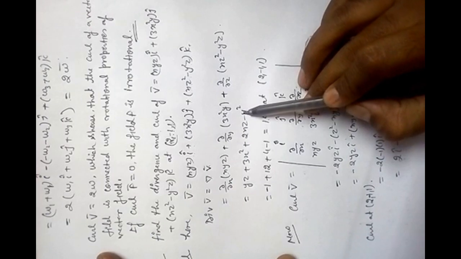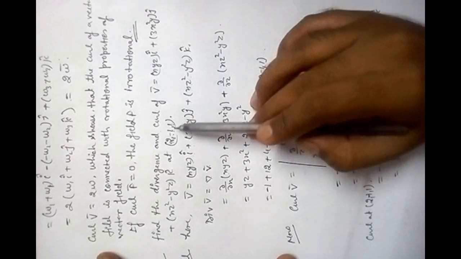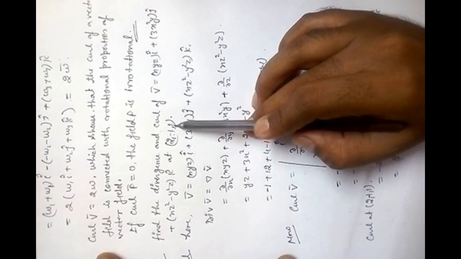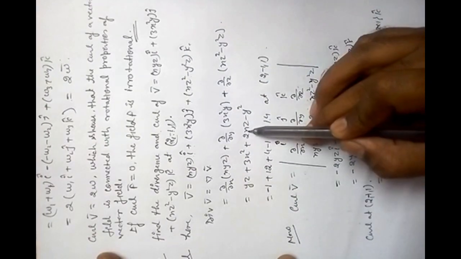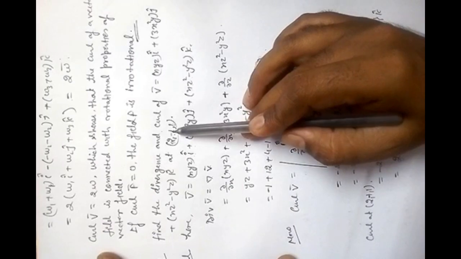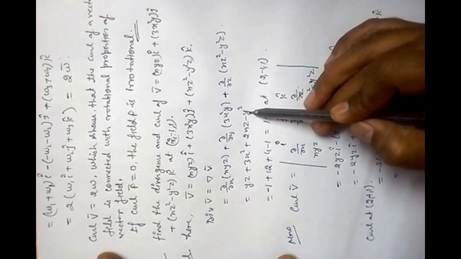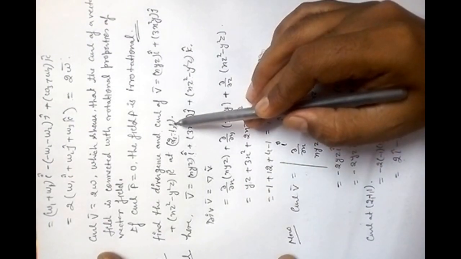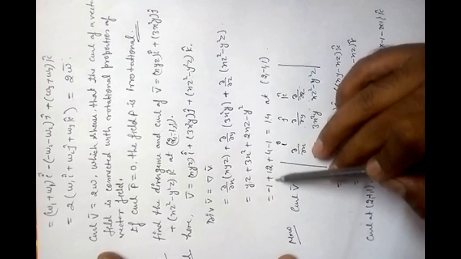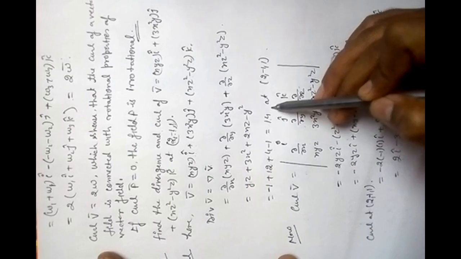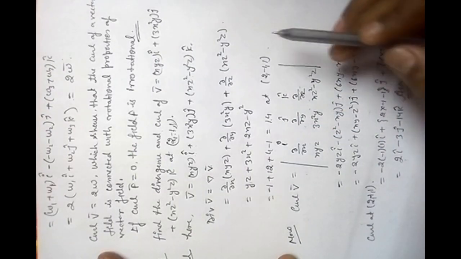The values of x, y, z are given as 2, minus 1, 1. So the value of x is 2, put here and here. The value of y is minus 1, put here and here. The value of z is 1, put here and here, and calculate these terms. So 14 at the point of this term.